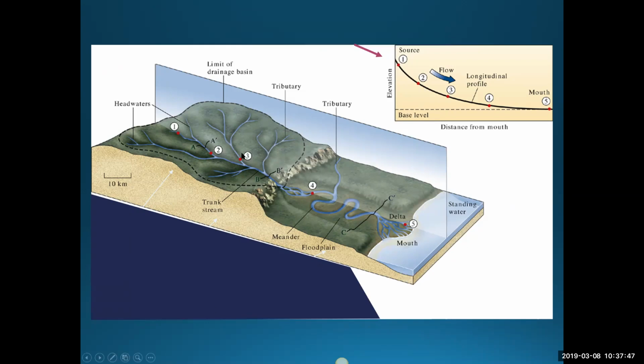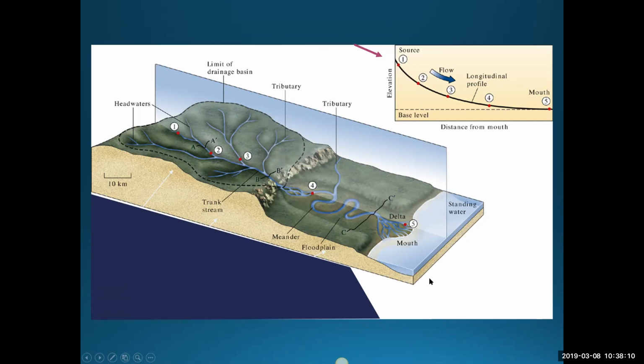So if we look here, this area right where it starts to level out, this is where we would see our braided river systems, right as the high energy moves from the mountains to a flatter valley. And then as the river continues along a flat valley is when it starts to meander.